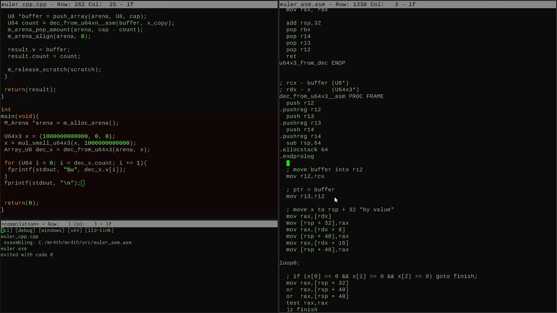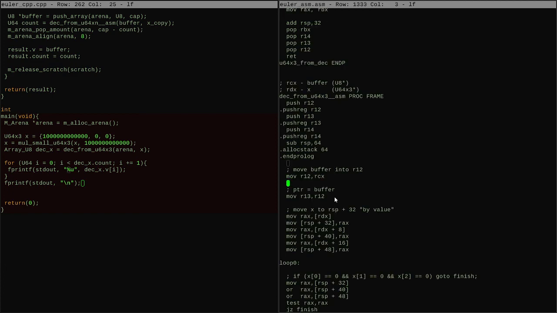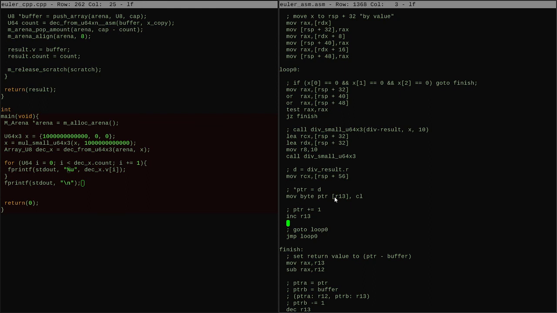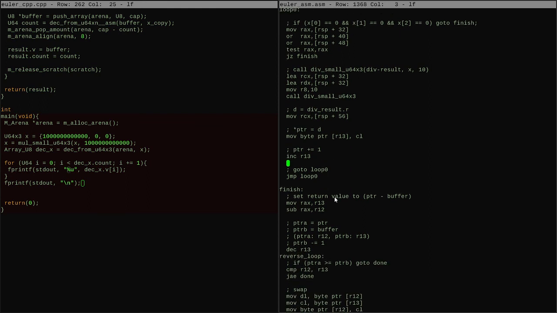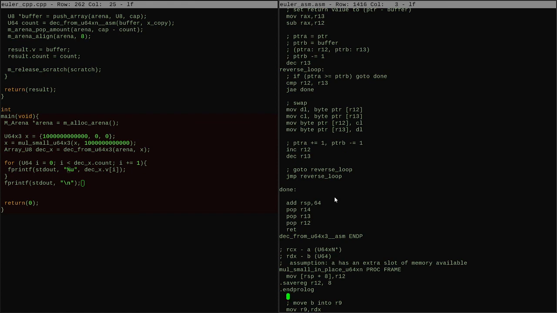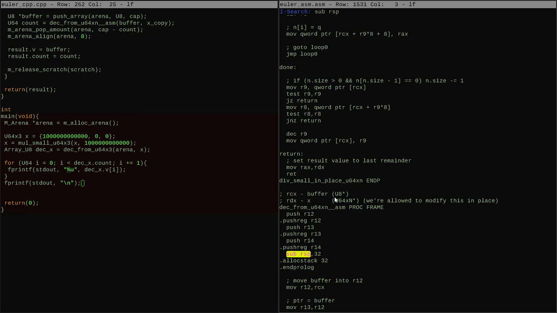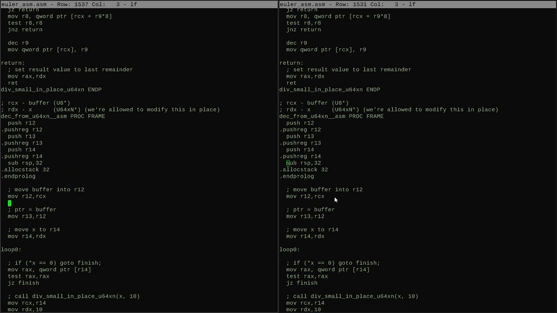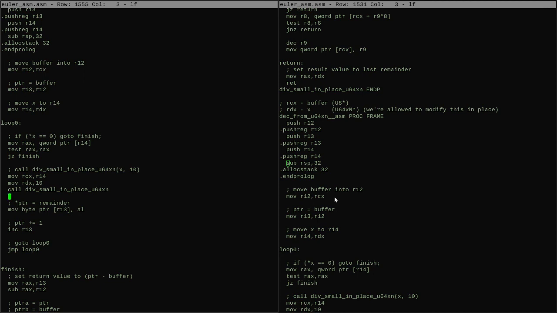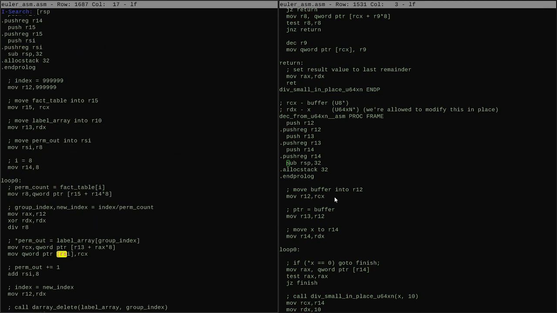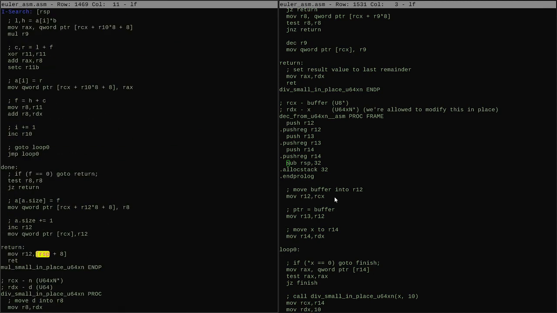Okay, that looks good to me. Let me double check this one real quick too. Looks like this one was not actually using RSP internally, so it should be good.